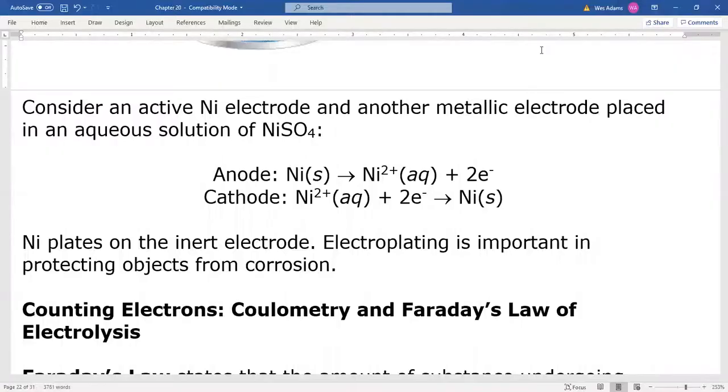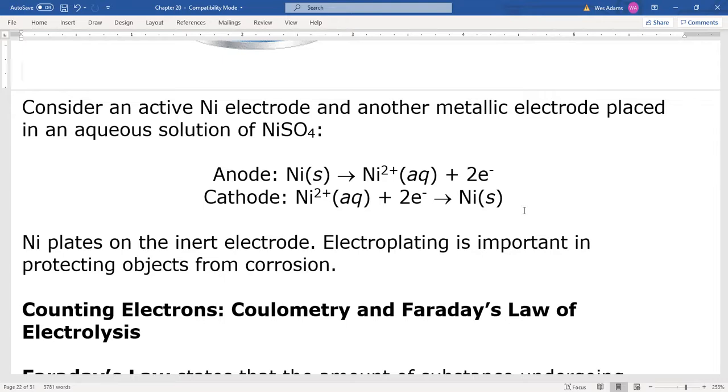So if we consider the nickel electrode and another metallic electrode placed in that nickel solution, we get nickel being the oxidation and the reduction. Again, it doesn't have to be the same metal plating both ways. This is just an example.